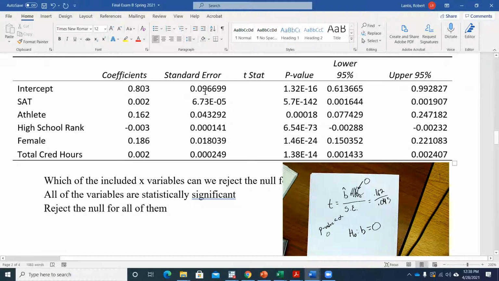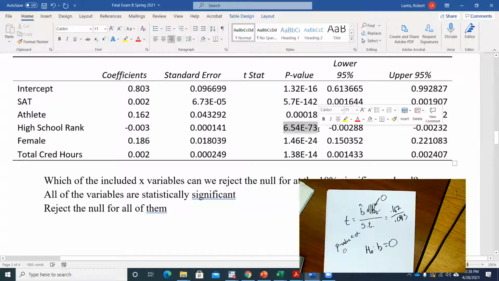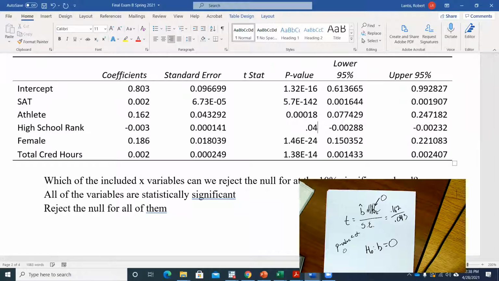Now, on the exam, I would probably give you an example where, I don't know, this one was 0.042, 134, some values that might be rejected at certain levels, but not others.